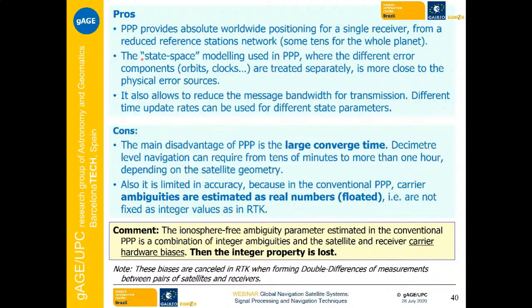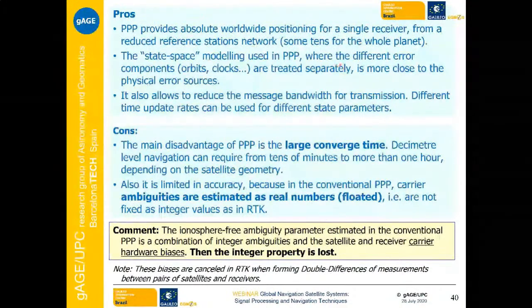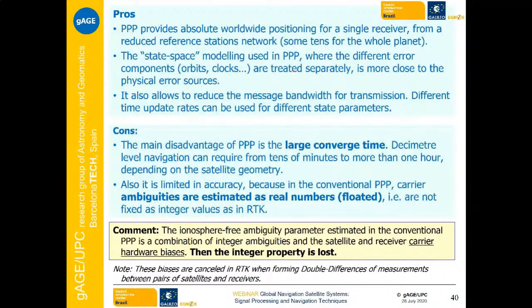On the other hand, the state space modeling, the idea of splitting the differential corrections into orbits and clocks, is closer to the physical error of these sources. And this allows reducing the message bandwidth because we can consider different time updates for these parameters.